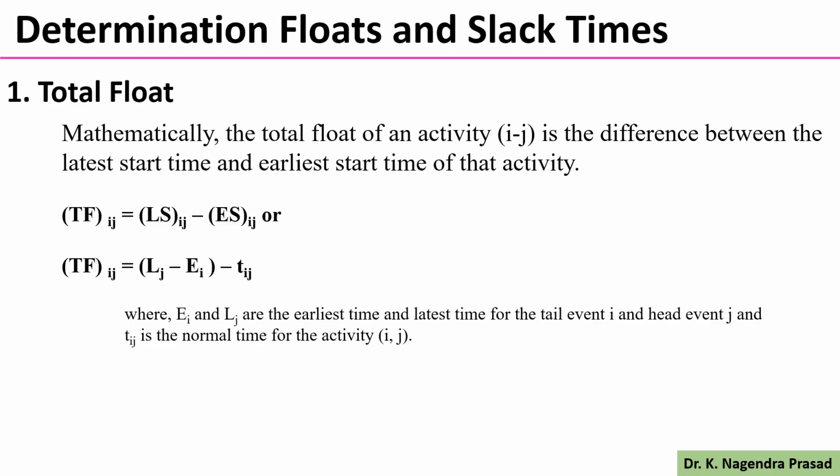We can also represent total float as Tf equals Lj minus Ei minus Tij, where Lj is the latest time for the head event j, Ei is the earliest time for the tail event i, and Tij is the normal time of the activity ij.